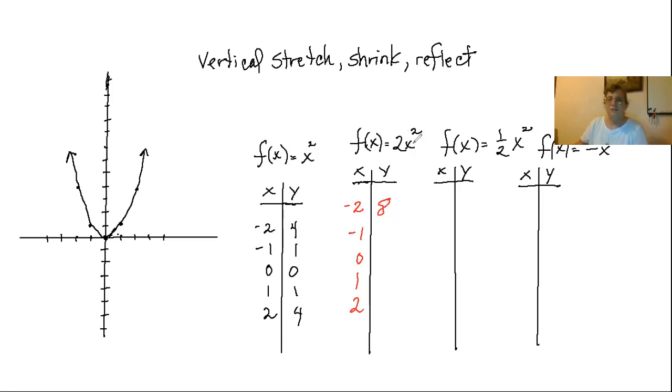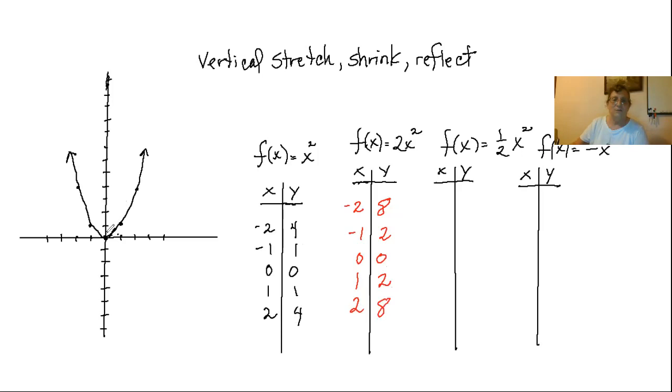This is all going to be these x squared values doubled. So the 1 is going to give me a 2. 0 squared is 0 times 2, still 0. 1 squared is 1 times 2 is 2. And 2 squared is 4 times 2 is 8.